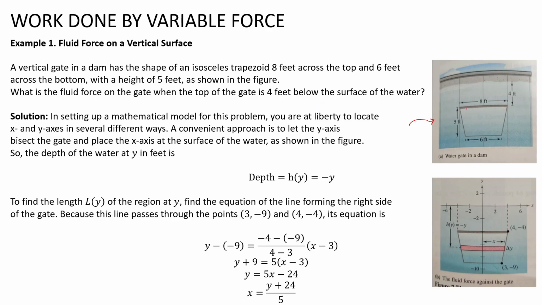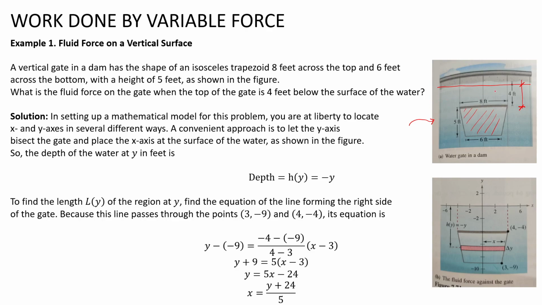So if this is the submerged gate, the water level is 4 feet above the isosceles trapezoid vertical gate.